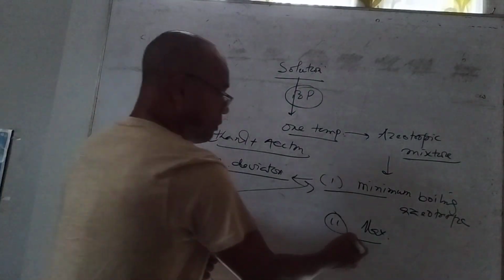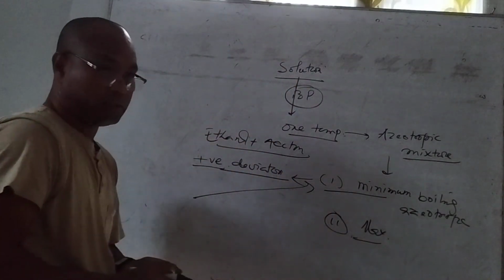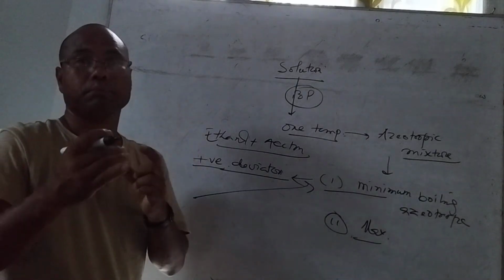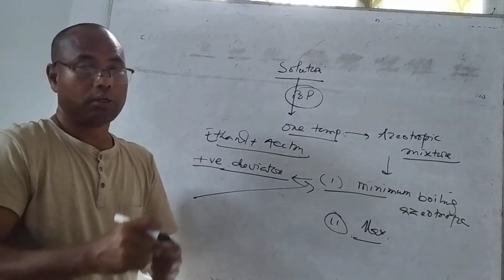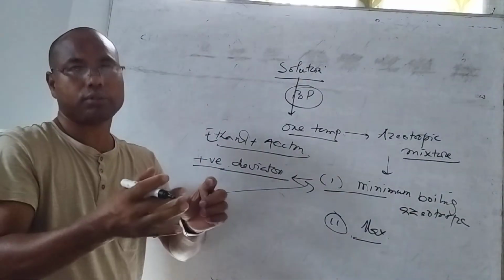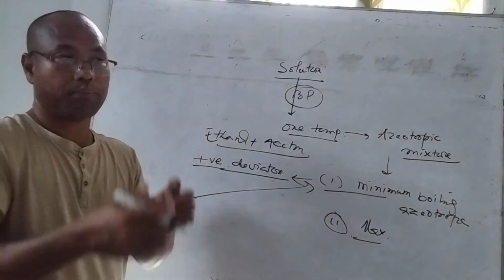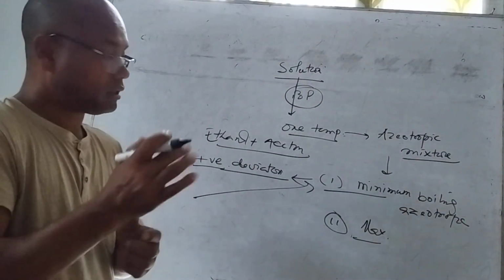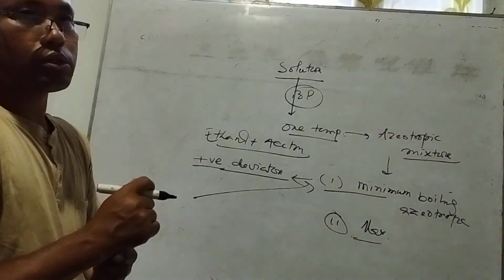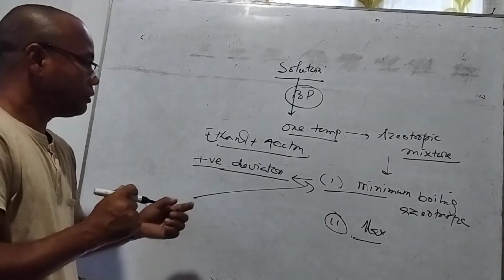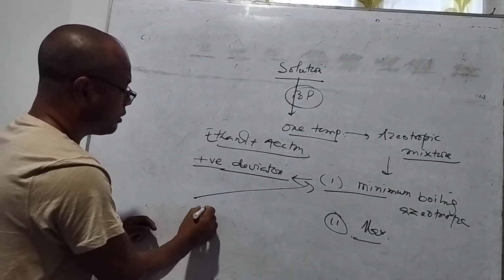Then what is the maximum boiling azeotrope? The type of mixture showing the maximum boiling azeotrope is one where the vapor pressure of the solution is lesser than the vapor pressure of the pure components. That type of mixture shows negative deviation.